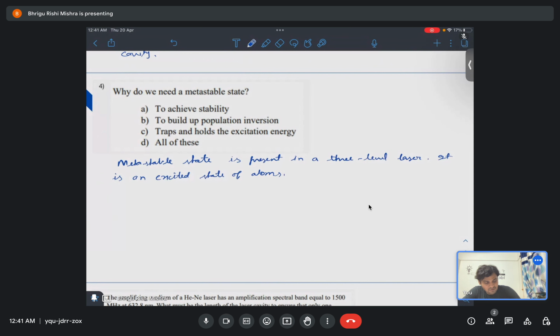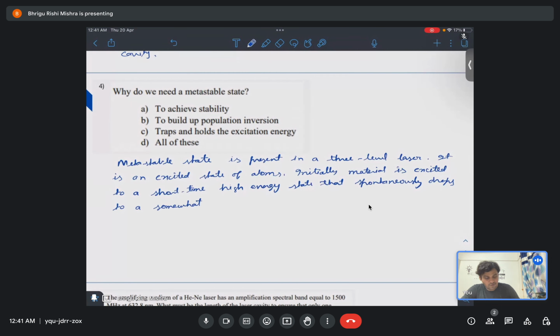Initially the material is excited to a short-time high energy state that spontaneously drops to a somewhat lower energy state with a long lifetime.